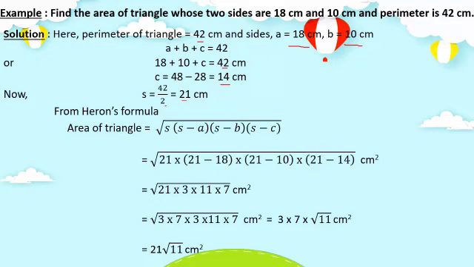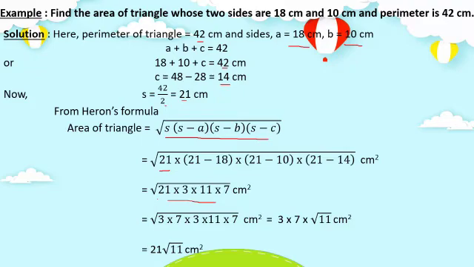Now, to find out the area, we will apply the formula. That is, area of the triangle is equal to square root of s into s minus a into s minus b into s minus c. Substitute the values. Square root of 21 into 21 minus 18 into 21 minus 10 into 21 minus 14. That is equal to square root of 21 into 3 into 11 into 7.